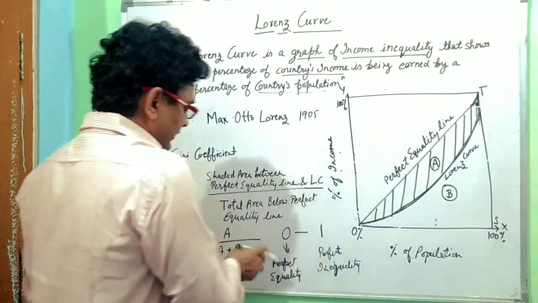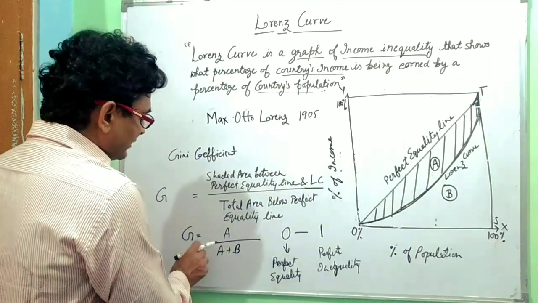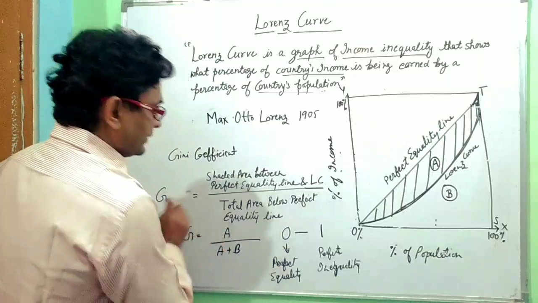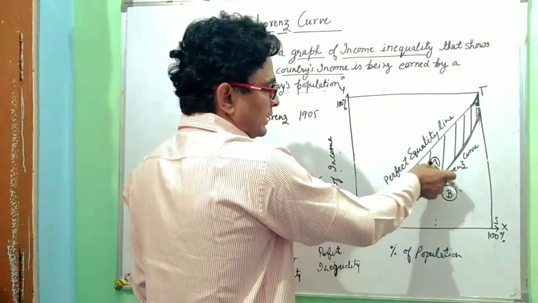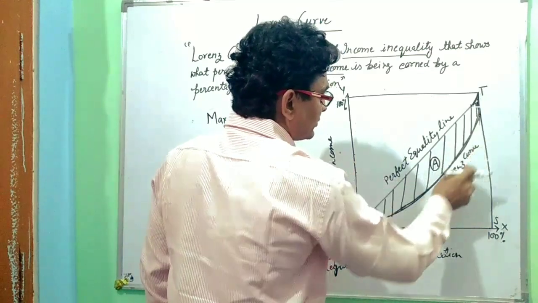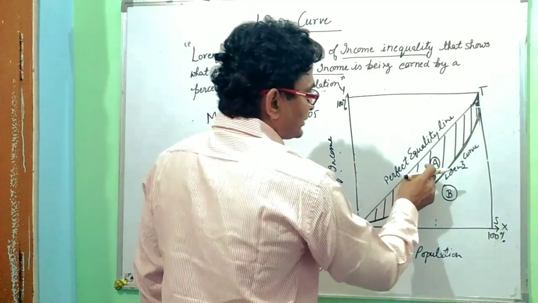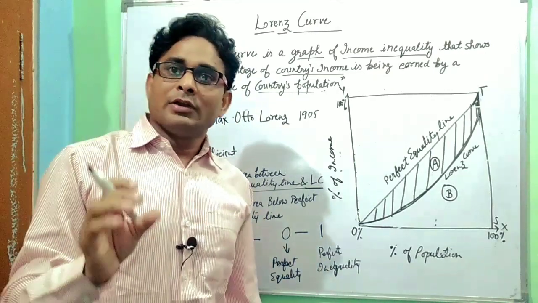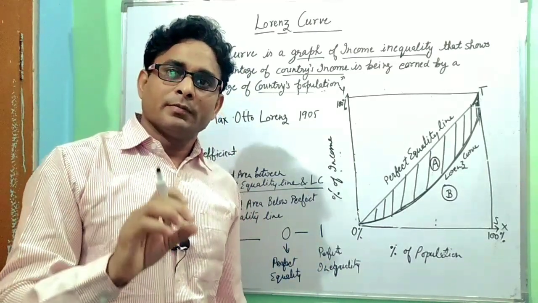So here we can see that the value of Gini coefficient actually depends on A, that is the shaded area. If the Lorenz curve is away from the perfect equality line, the shaded area will be more, and the value of the Gini coefficient will also be more.